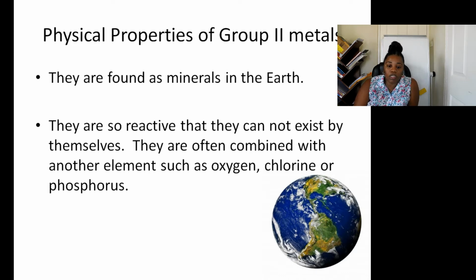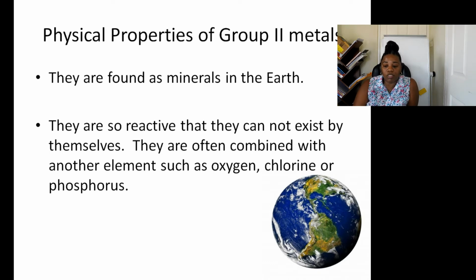And so the physical properties of these group 2 metals are that they are found in minerals in the earth, meaning, in the soil. And they are so reactive that they cannot exist by themselves. They are often combined with other elements such as oxygen, which is a major one, chlorine, or phosphorus, right?